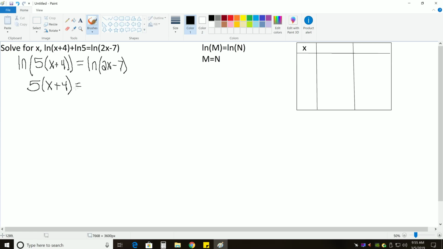So 5 times the quantity of x plus 4 equals 2x minus 7. And now this is just a simple algebra problem. We start solving for x by first distributing this 5 to give us 5x plus 20 is equal to 2x minus 7.